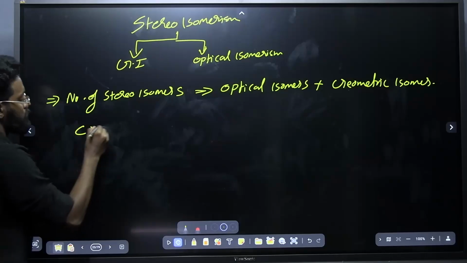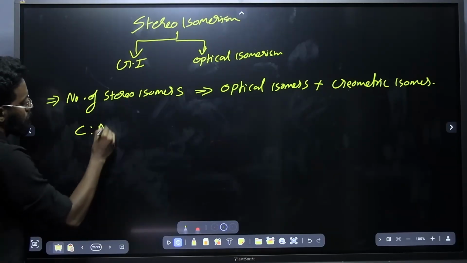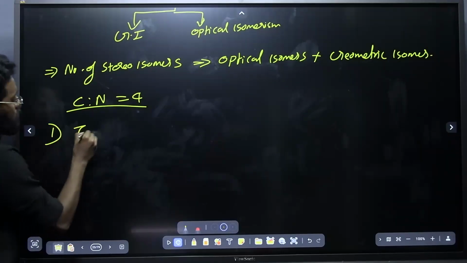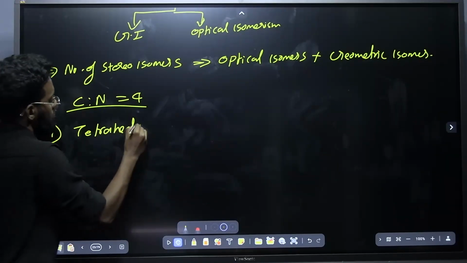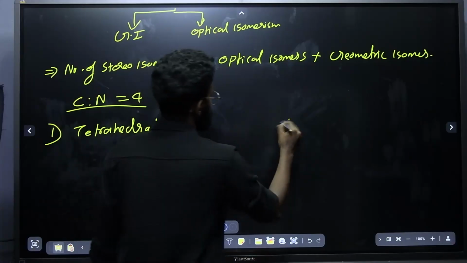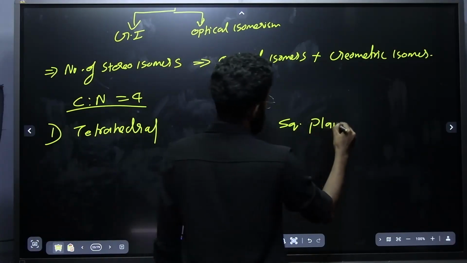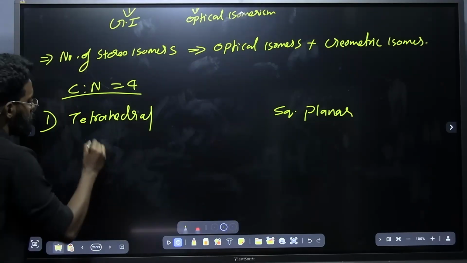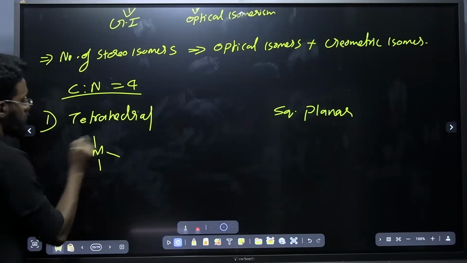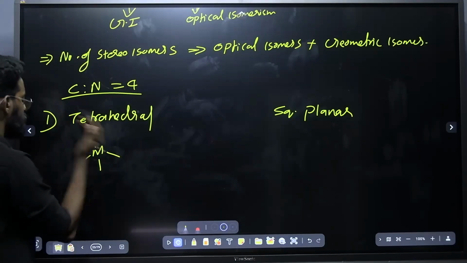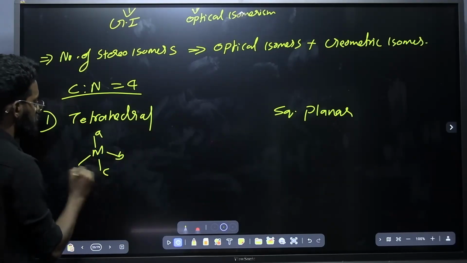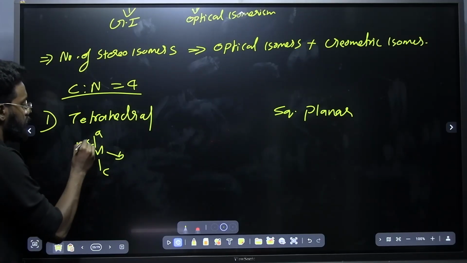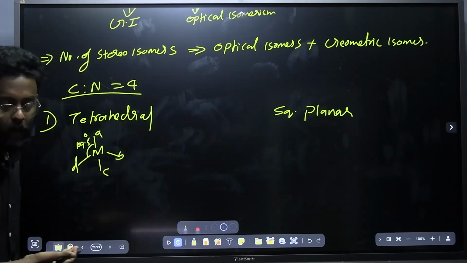First of all, I am going with coordination number 4. If the coordination number is 4, it can be either tetrahedral or square planar. In the case of tetrahedral, it can be anything, A, B, C, D. The bond angle is 109.5 degrees everywhere.